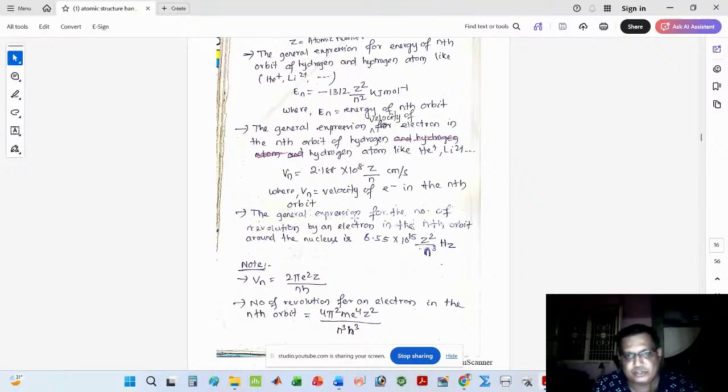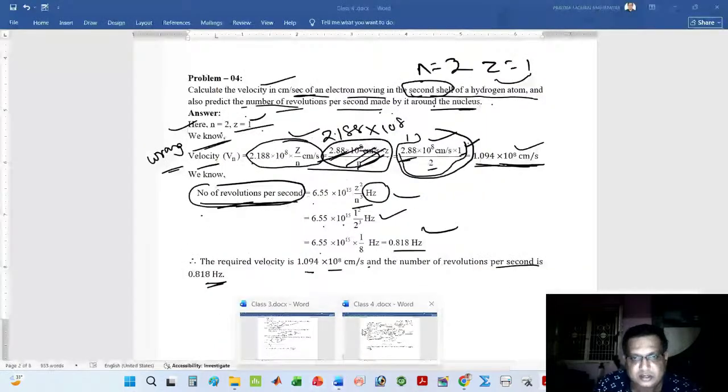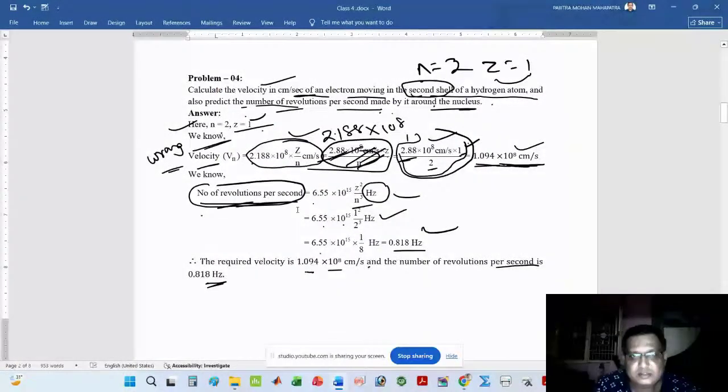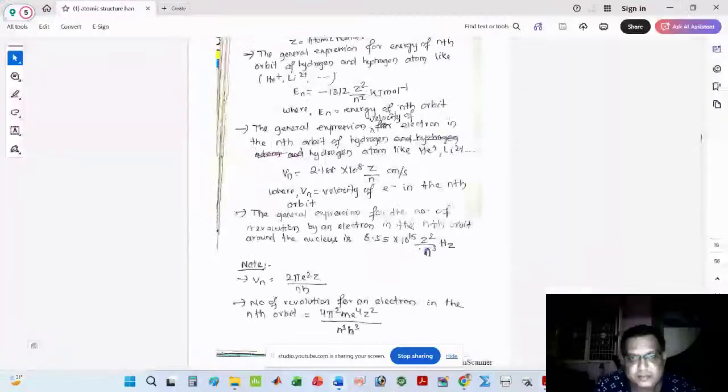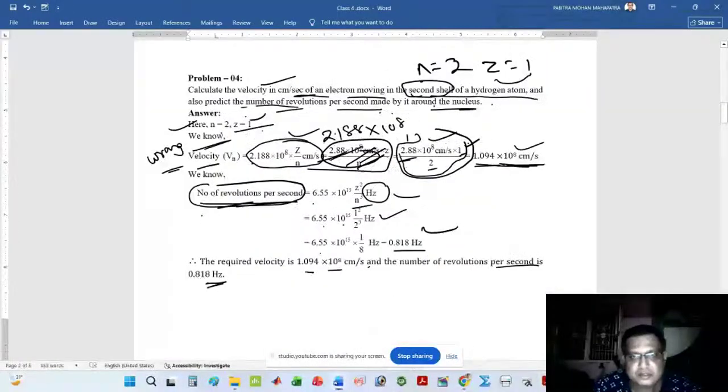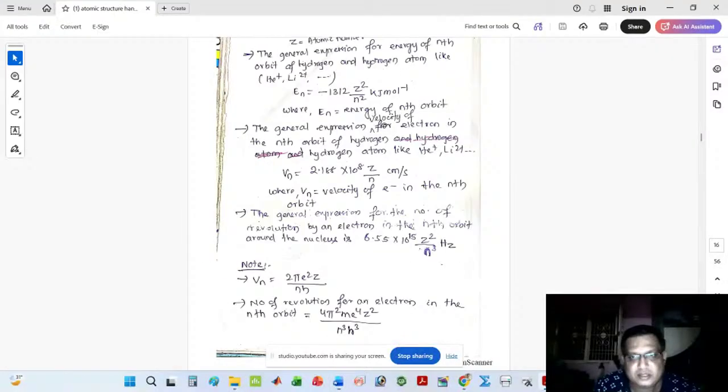Number of revolutions. Look at that here. That is for 6.55. So exactly what happened. This is the correct one: the 10 to the 15. 6.55 into 10 to the 15, that is Z square by n cube.